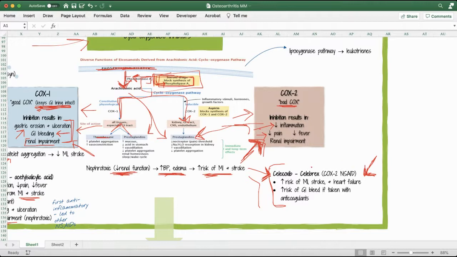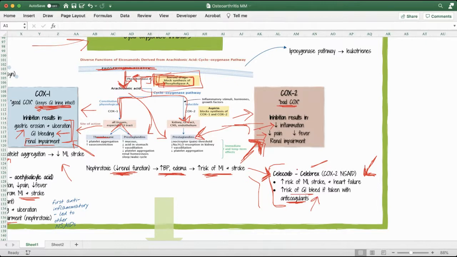So while Celebrex doesn't have that same effect on your GI system, there isn't that risk of GI ulceration and bleeding. If you take it with an anticoagulant, that will increase the risk that the anticoagulant has of causing a GI bleed.